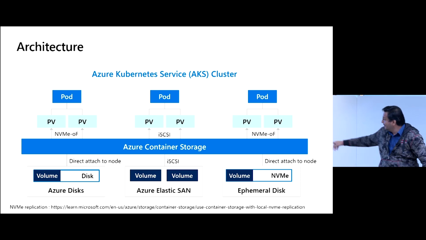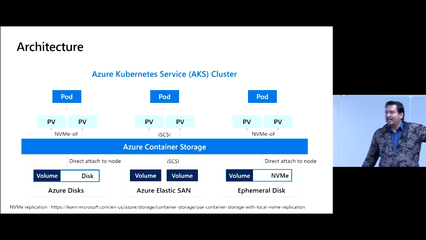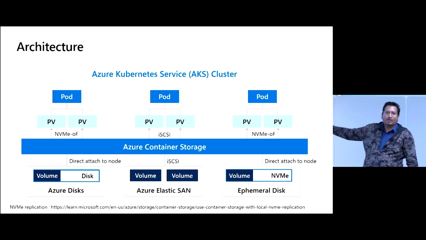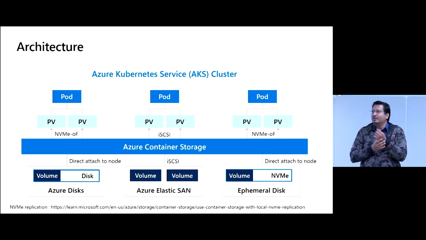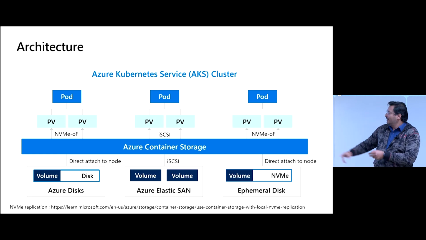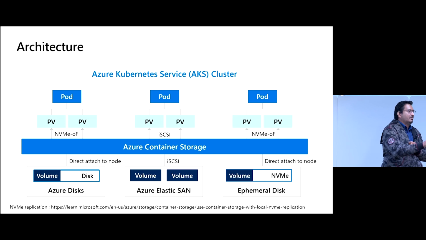The second, you see Azure Elastic SAN here, right? Elastic SAN is an exception because it connects over iSCSI. So you'll say, well, I don't have to deal with disk limitations anymore. iSCSI, right? I can attach hundreds of them. Well, today with Elastic SAN, the minimum volume size is 1 terabyte.